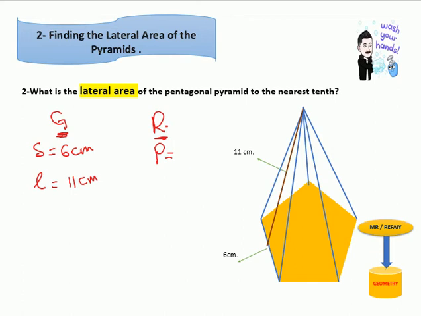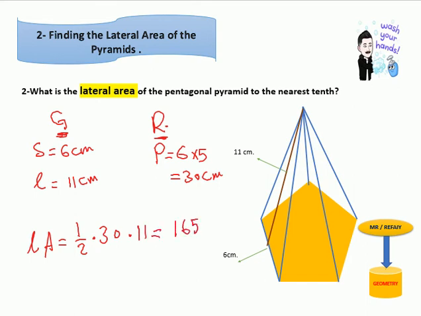The perimeter here is side times 5 because it has 5 sides. So 6 times 5 is equal to 30 centimeters. Now we can get LA directly. It's equal to half times the perimeter of the base, 30, times the slant height, 11. It will be 165 centimeters square. And also we are going to highlight it because we are going to use it in another question right now.